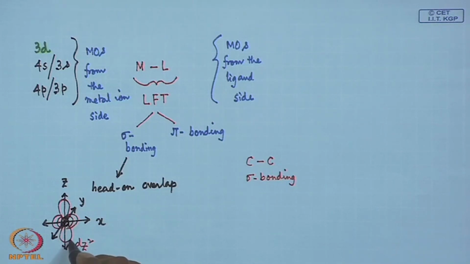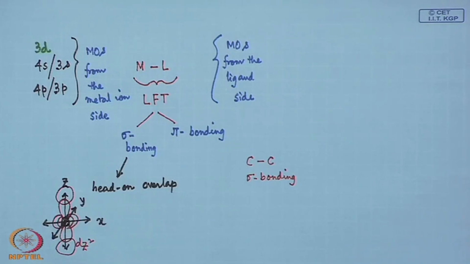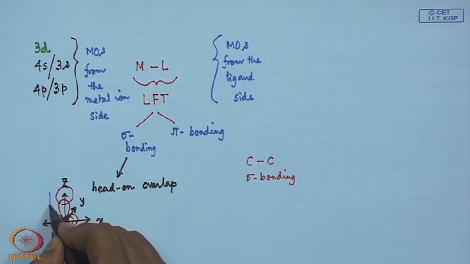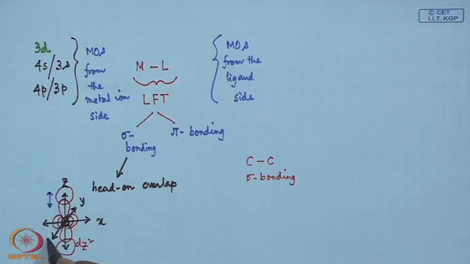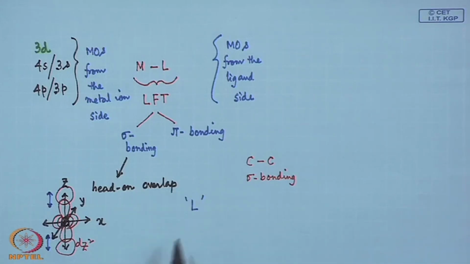So, now we can simply place the corresponding orbitals, the molecular orbitals available from the ligand side. If this head on overlap is permissible or can take place, we can have a certain amount of head on overlap, and the magnitude of overlap, which quantum mechanically we can treat as the overlap integral, can also tell us about what type of interaction we are having from the ligand, which is showing a direct sigma overlap with the metal orbital of dz square symmetry.